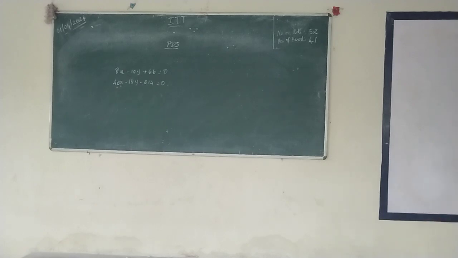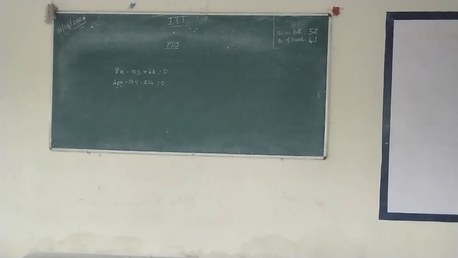This can be separately asked as a 2-mark question: find the mean values of x and y. Okay, so start the solution. Both the regression lines pass through the point x bar comma y bar.